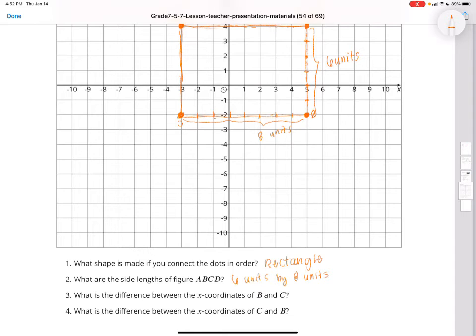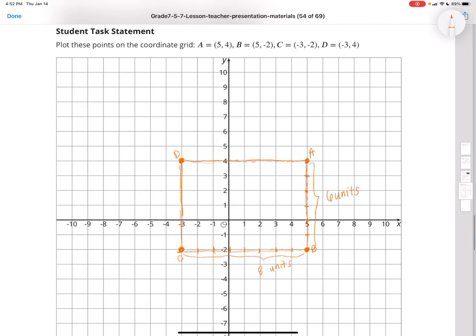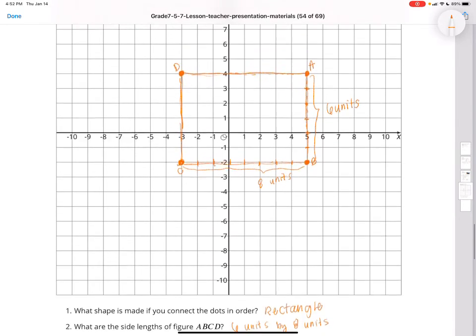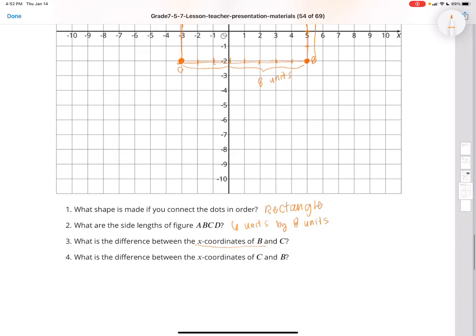Okay. And it said, what is the difference between the x coordinates of B and C? So we're just looking at the x coordinates of B and C. And so let's point that out. So this is B and C. And it said, what's the difference? So I see a +5 and a -3.